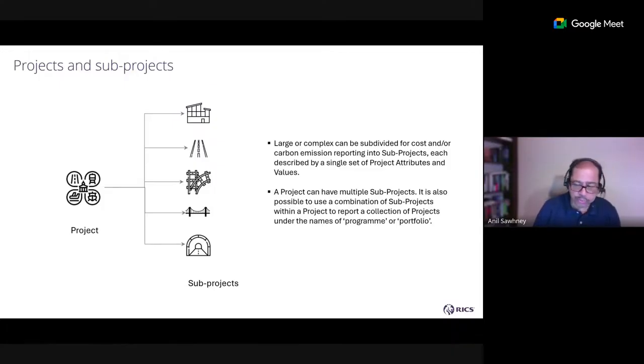So let's say you have a transportation network that can be your master project. Within that, you have station buildings, roads, rails, bridges, tunnels. They can be sub-projects. You can do life cycle cost and carbon emission reporting for each one of these sub-projects.